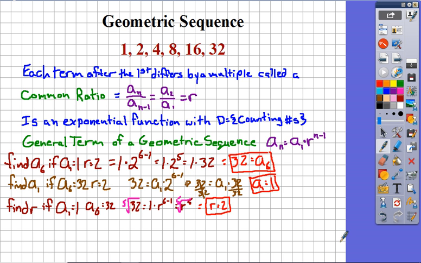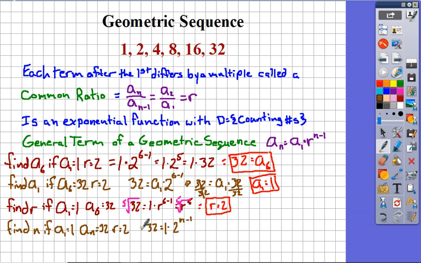Our last example for this video is finding n. Find n if your first term, a sub 1, is 1, your nth term, a sub n, is 32, and r, the common ratio, is 2. I'm not going to tell you what n is. We plug in what we know: the nth term is 32, the first term is 1, the common ratio is 2. We just don't know the n minus 1 power.